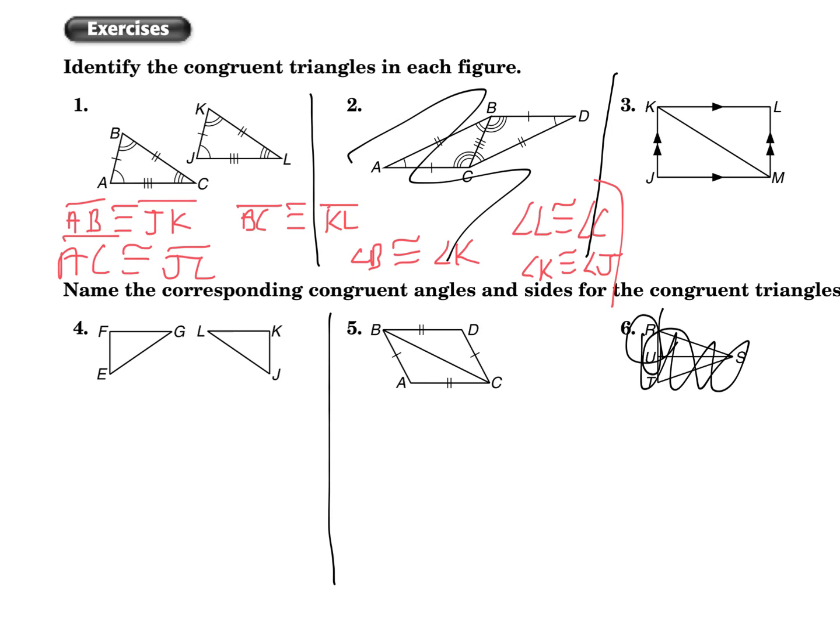So we need to write why the triangle is congruent. We see that MJ is congruent to KL. So we have to write that. MJ is congruent to KL.